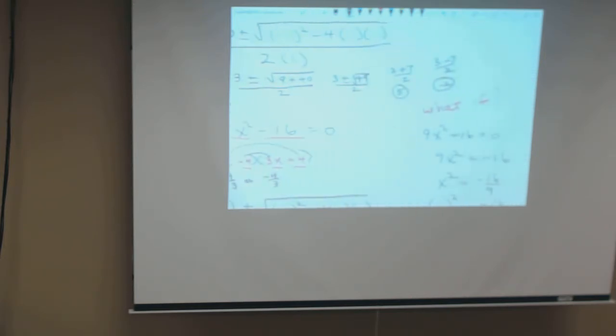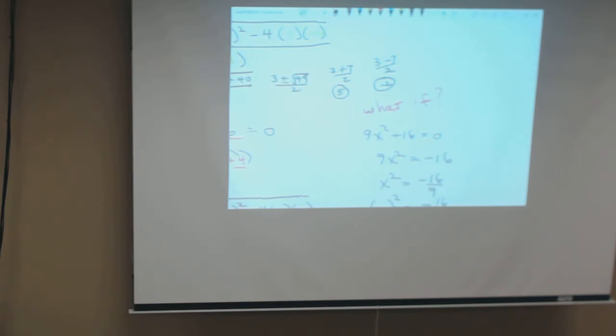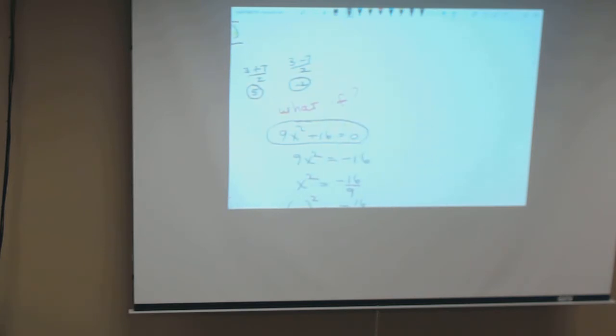Now, watch out for this. This might be on the test. 9x squared plus 16. Make two parentheses. 3x and 3x and 4 and 4. And it could either be plus and plus, or it could be 3x and 3x and minus 4 and minus 4.